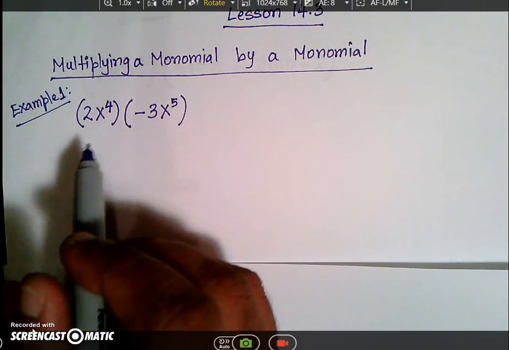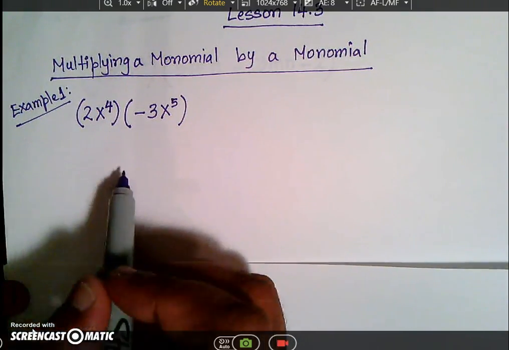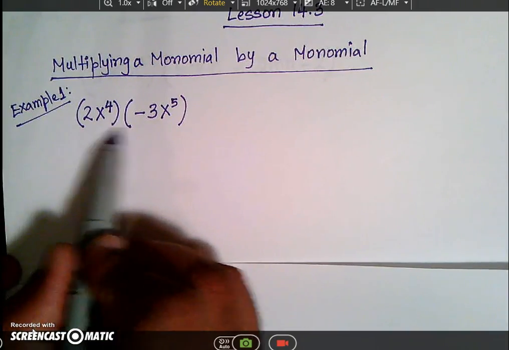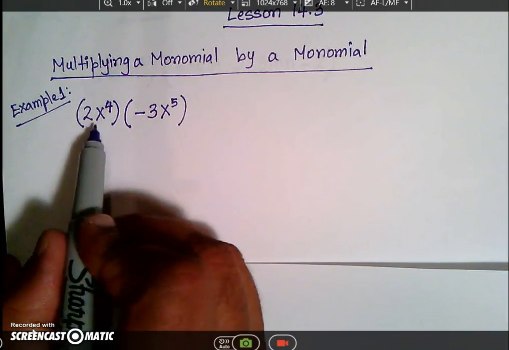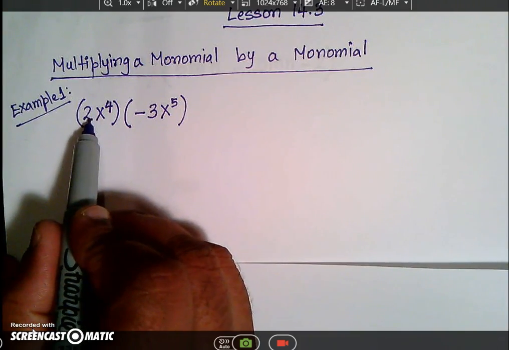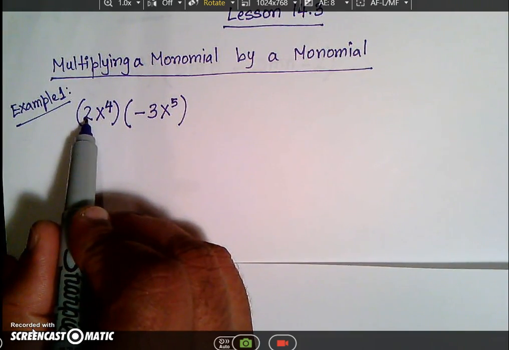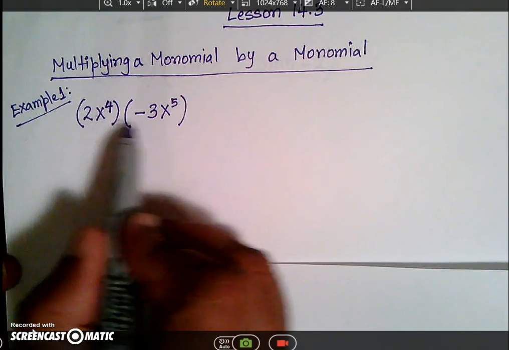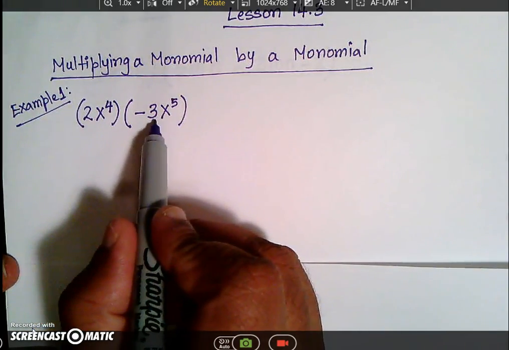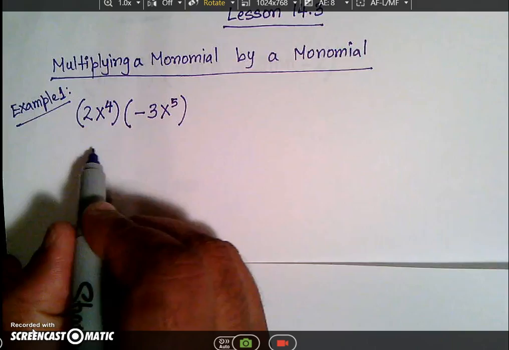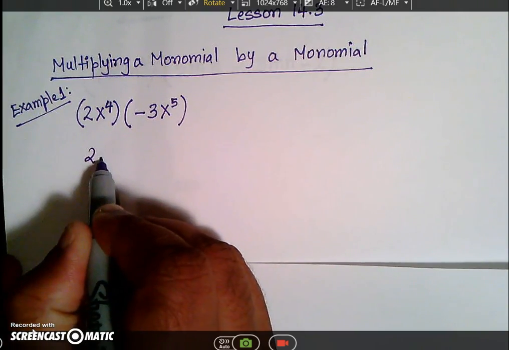I don't see any sign there, so multiplication is understood. So here I have two monomials being multiplied. Even within the monomial, I'm only seeing multiplication between 2 and the x to the power of 4. And here negative 3 and x to the power of 5, they're all being multiplied. So it's one big multiplication party that's going on.